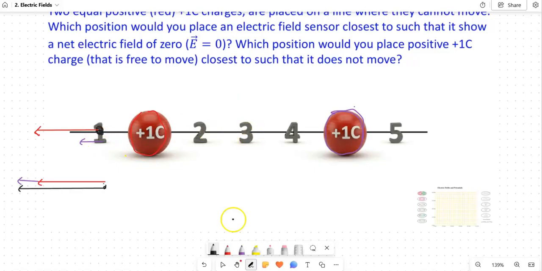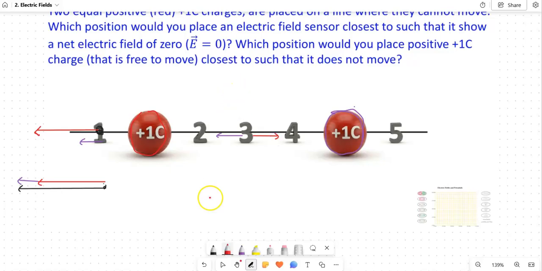So at 3, you're going to be closer to the purple. That's right on here. At 3, you're going to have an electric field vector pointed to the left, away from the purple positive 1 Coulomb charge. And you're going to have the red positive 1 Coulomb charge, pointed away from that one.